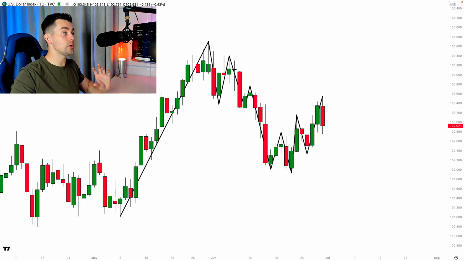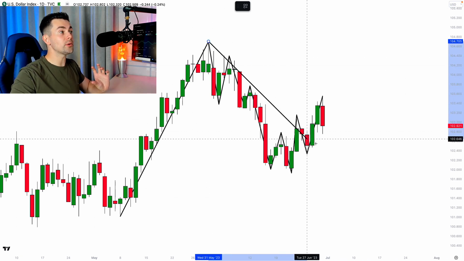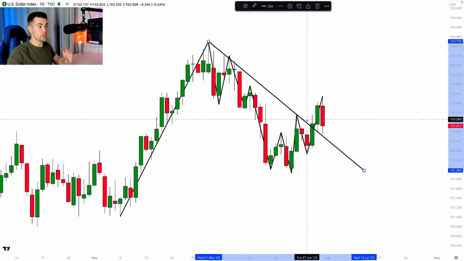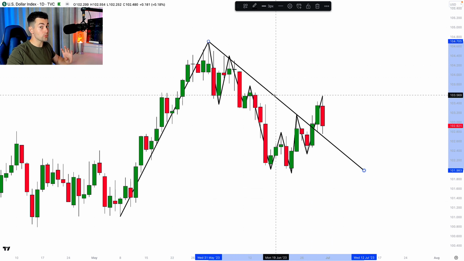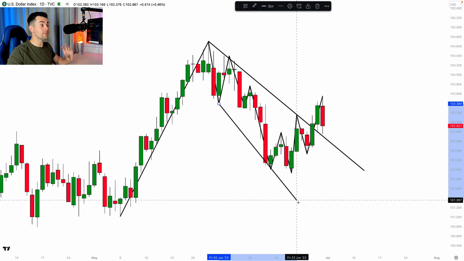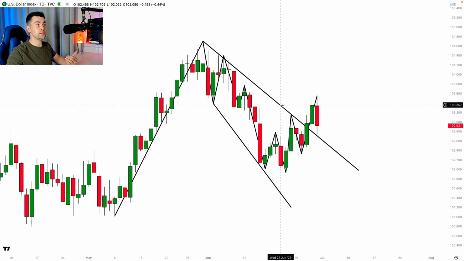And here, if we pay close attention to the level highs and the level lows, we can spot a very bullish pattern. First, we can spot this falling trend line right here. That was a very strong resistance. And also we have a trend line right here. So it feels like here in the dollar index, we have a classic example of the bullish flag pattern.